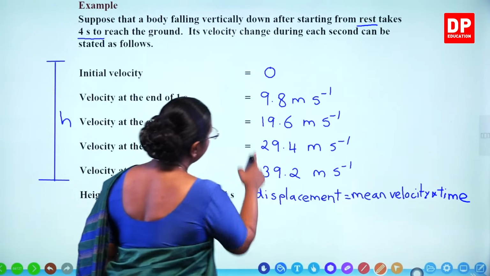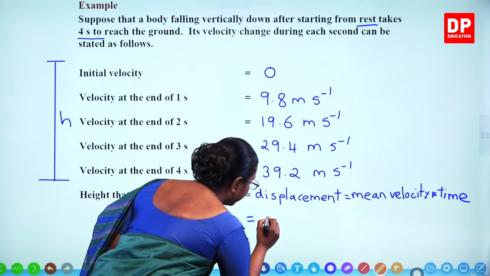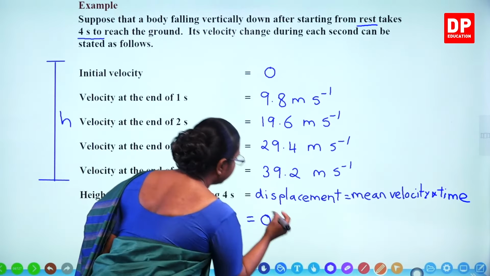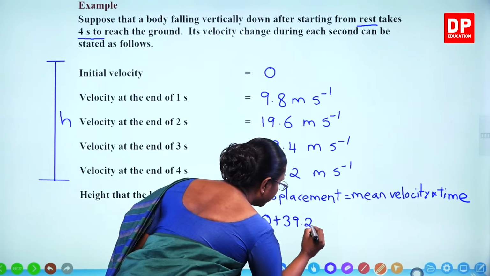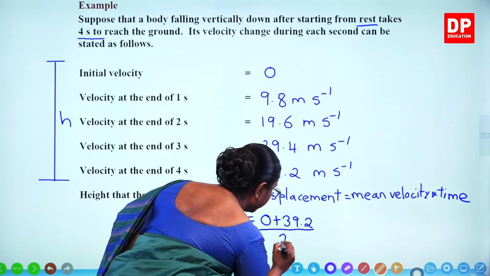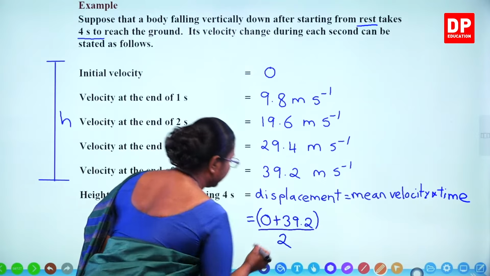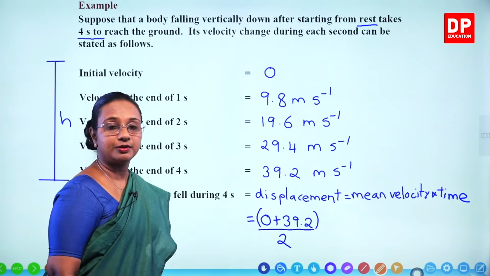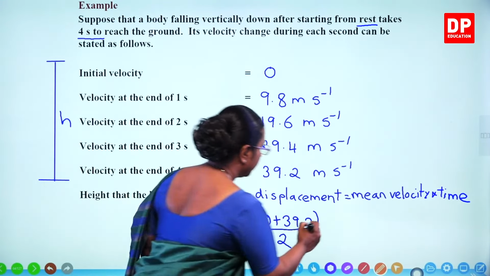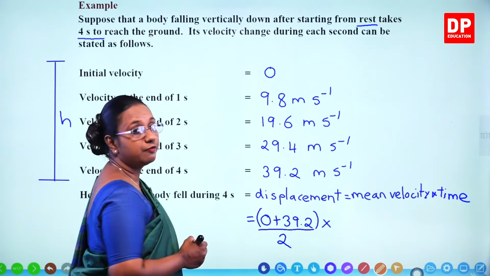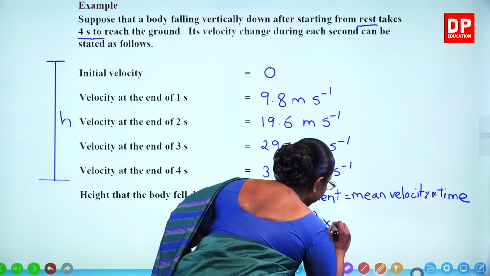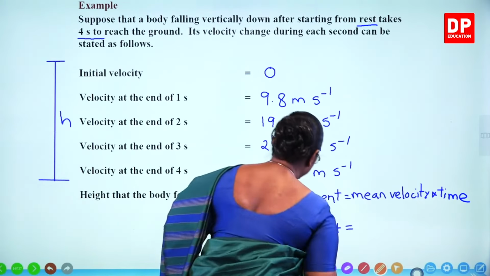Here, to calculate the mean velocity, the initial velocity is 0 and the final velocity is 39.2 meters per second. You add them together and divide by 2 to calculate the mean velocity. To multiply by time, you can see it's 4 seconds, so we have to multiply this by 4.